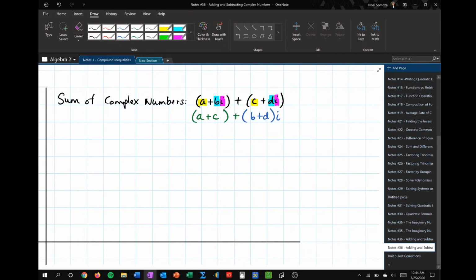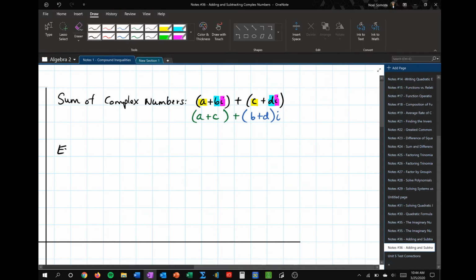Okay, so let me give you an idea of what this means. For this first example, given 4 minus 2i plus 3 minus 3i plus negative 4 plus 7i. So here I'm adding three complex numbers together.